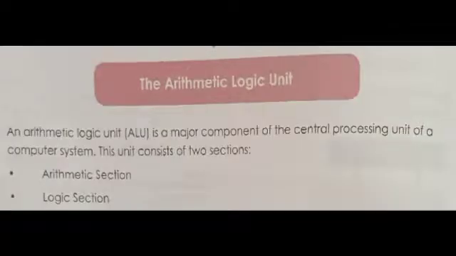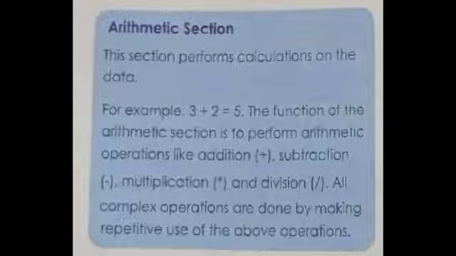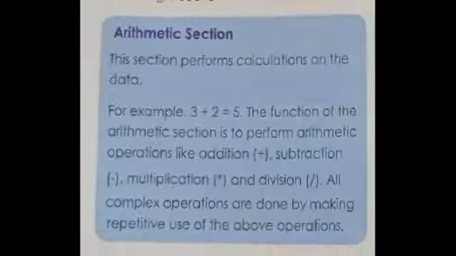The arithmetic logic unit. An arithmetic logic unit, ALU, is a major component of the central processing unit of a computer system. This unit consists of two sections: number 1, the arithmetic section, and number 2, the logic section. Arithmetic section. This section performs calculations on the data.